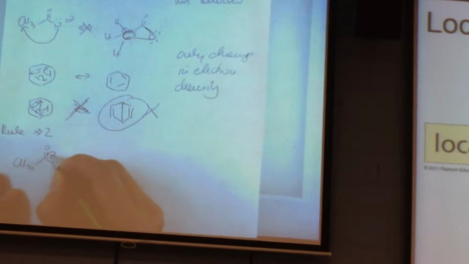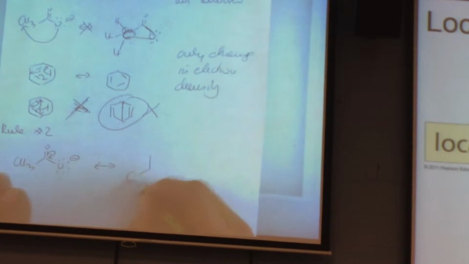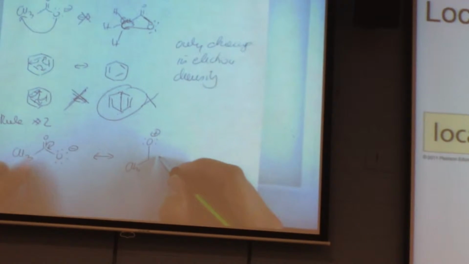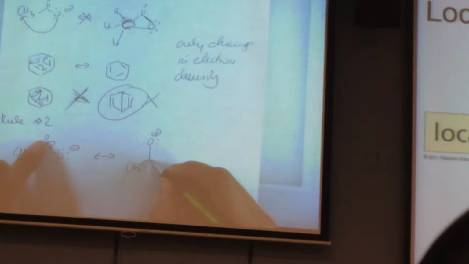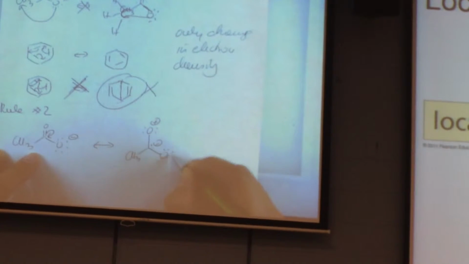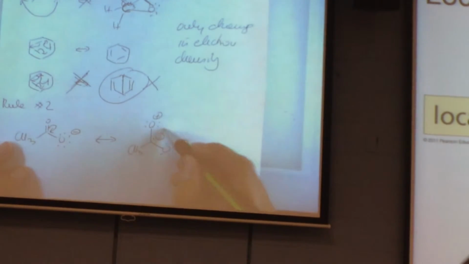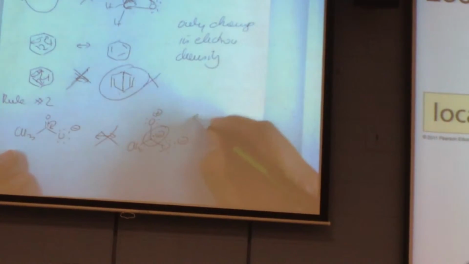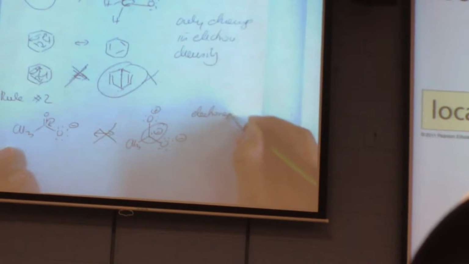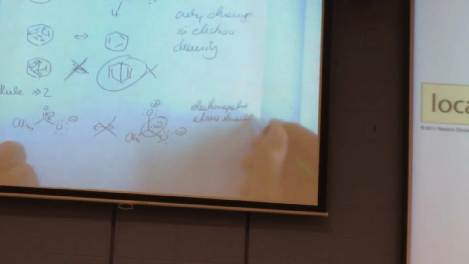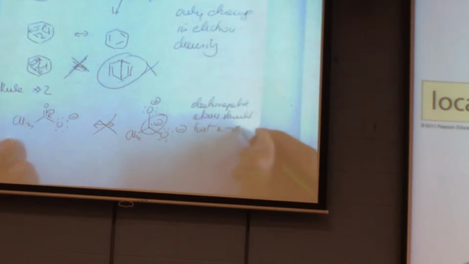Let's say I take this and move it to this carbon. And now I have generated CH3 plus, and O minus. What I'm saying, I generate a negative charge on a carbon, which is bad. So electronegative atoms should host a negative charge.